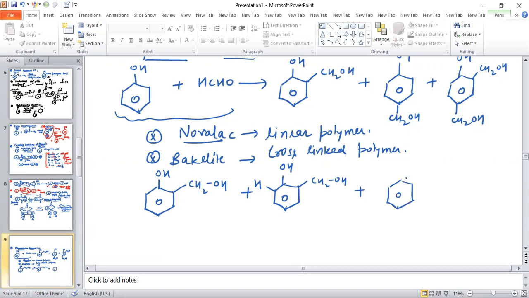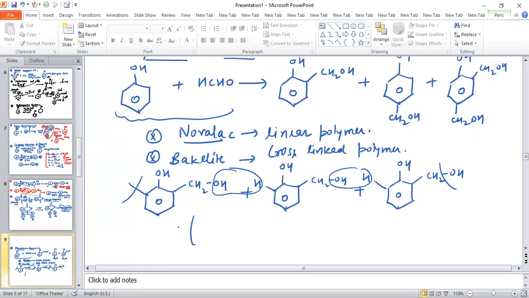This OH and there again CH2OH and there also H. Now see, a condensation reaction will take place, with removal of water. So these monomers will add in the linear chain, H from this side, OH from this side.